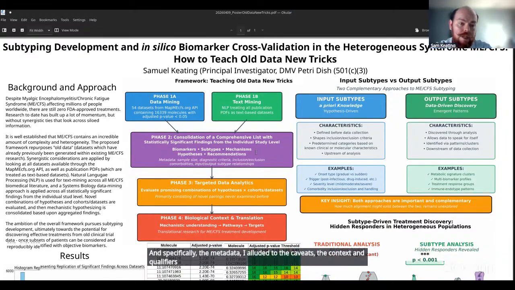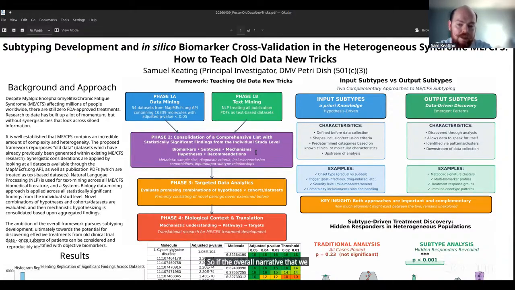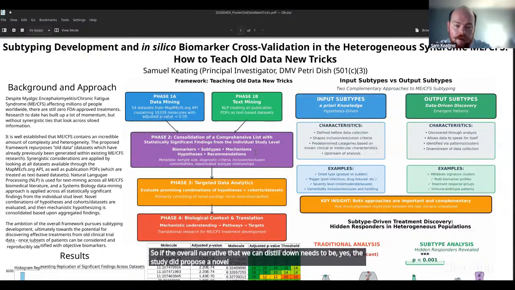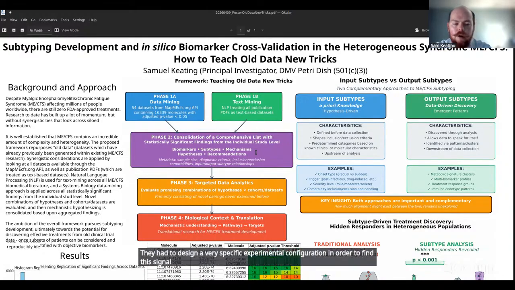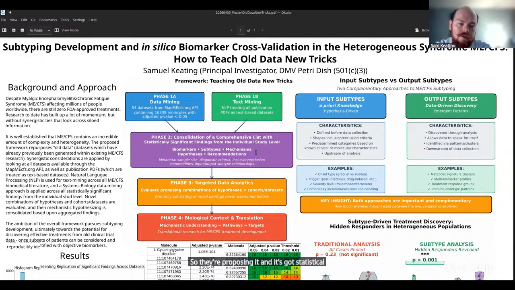So if the overall narrative that we can distill down needs to be, yes, the study did propose a novel subtype or biomarker for this condition, but you should know that their sample size was limited to 15 people, or they had to design a very specific experimental configuration in order to find this signal, this biomarker. So they're proposing it, and it's got statistical significance in their individual study.